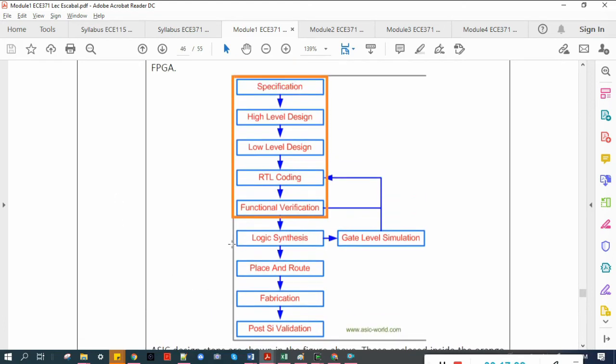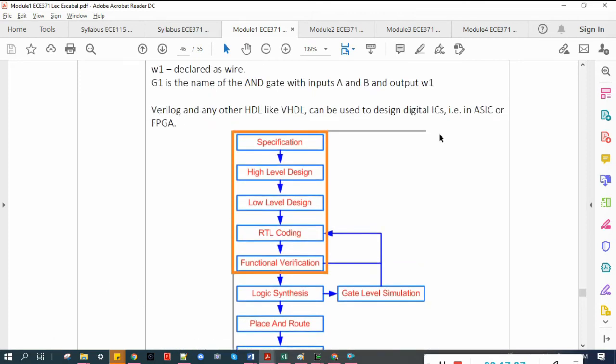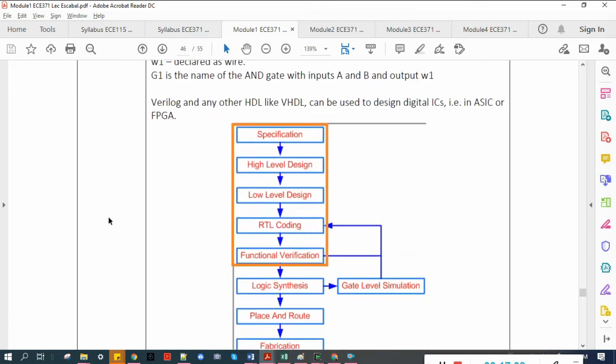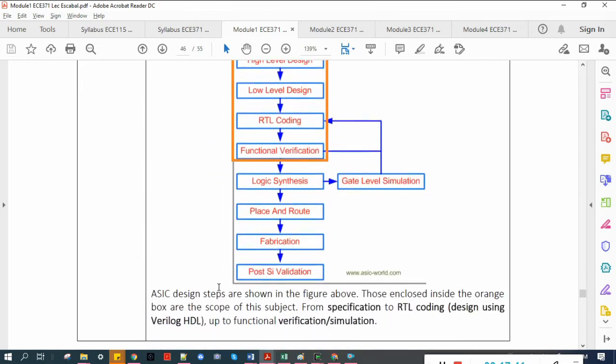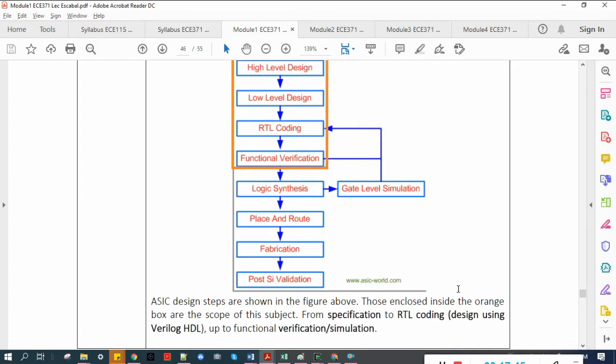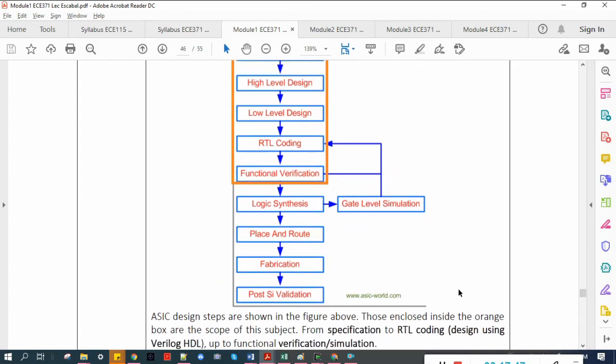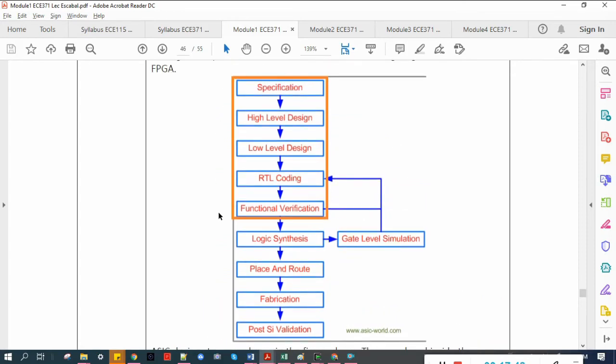This figure is applicable for ASIC, or application-specific integrated circuit. ASIC design steps are shown in the figure above. Those enclosed inside the orange box are the scope of this subject. So in this subject, we will be only tackling this part here.